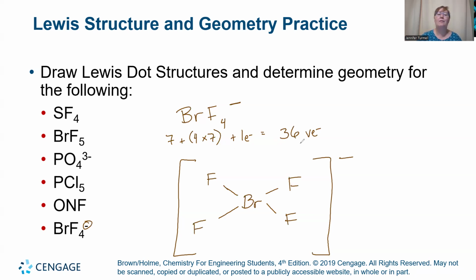So I know I have 4 extra. And so you can sort of preview it with your math a little bit. So I put in my dots on my fluorine because my fluorine has to look like this with its pairs. And I can see here that I have 32 valence electrons. I have 36 total. So they're going to go on the bromine, just like that.